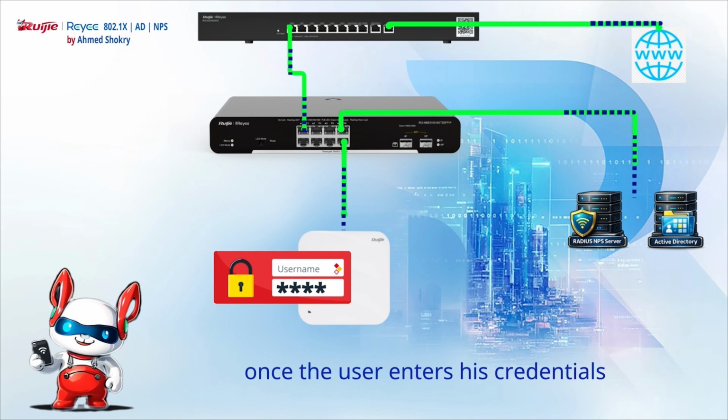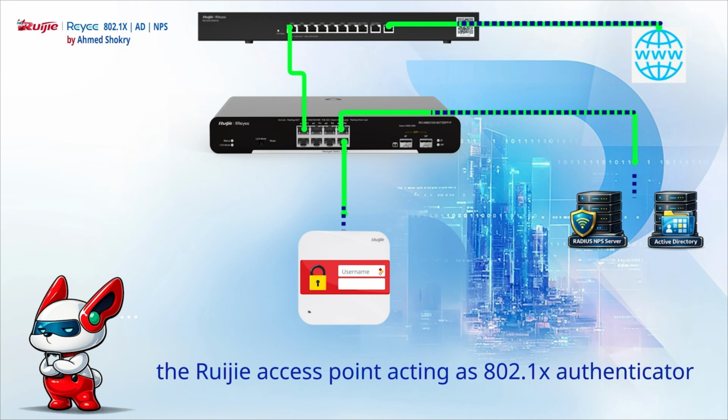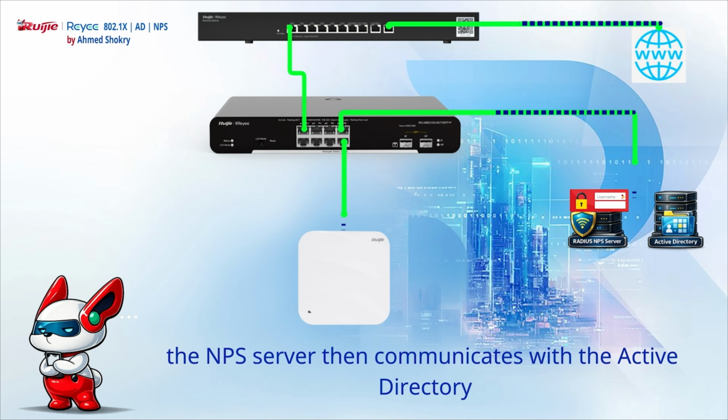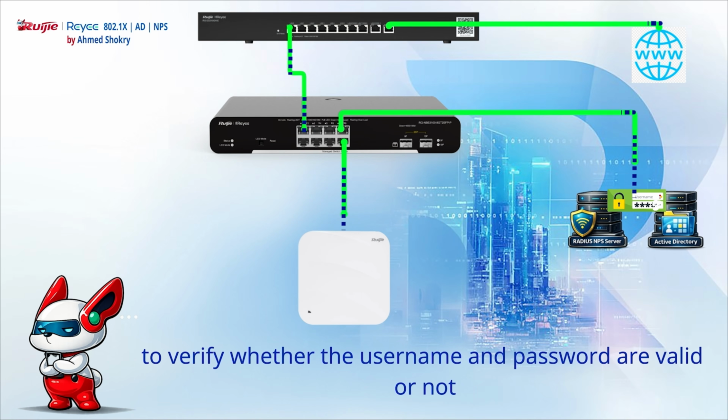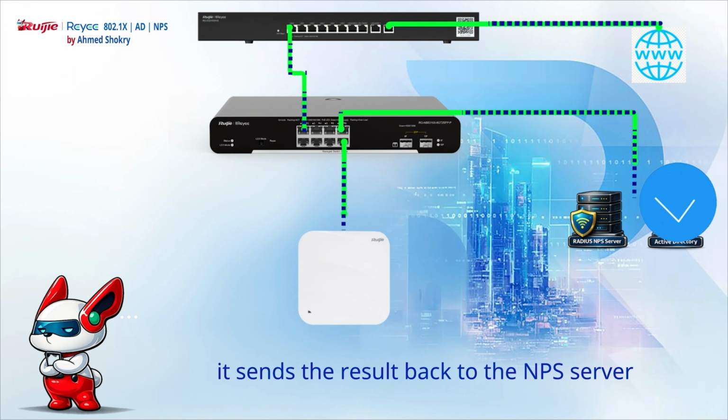Once the user enters his credentials, the Reyee access point, acting as 802.1X authenticator, forwards the authentication request to the NPS Reyee server. The NPS server then communicates with the ActiveDirectory to verify whether the username and password are valid or not. If ActiveDirectory confirms that the credentials are correct, it sends the result back to the NPS server.